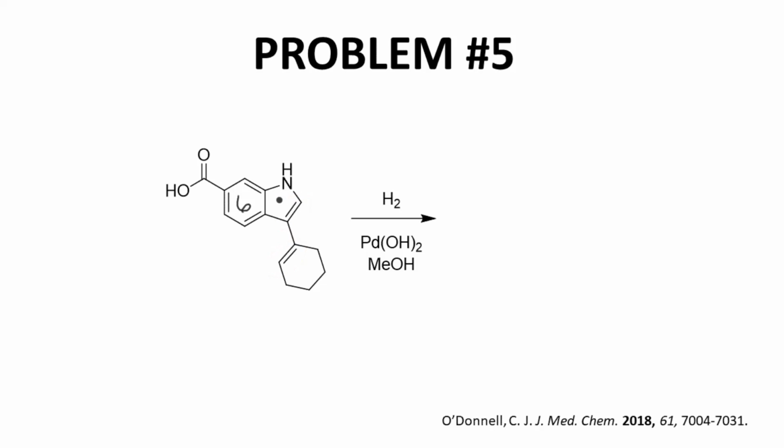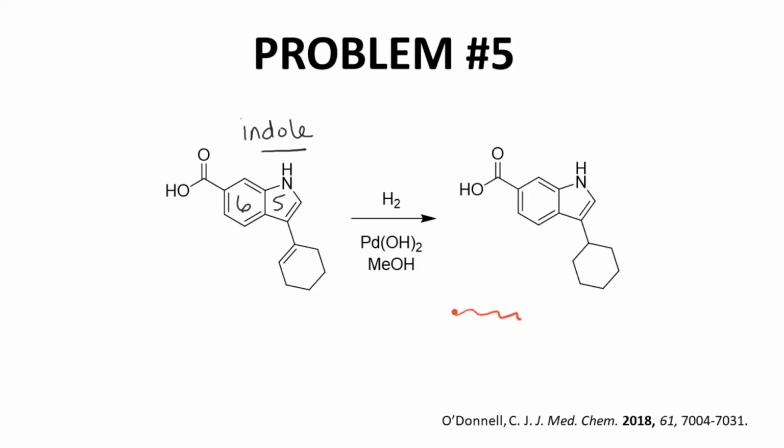This 6,5 ring system is collectively called an indole. That leaves the lower double bond to do the reaction. Here is the product. There's not much to discuss about the reaction. It's just a typical addition of hydrogen to an alkene.